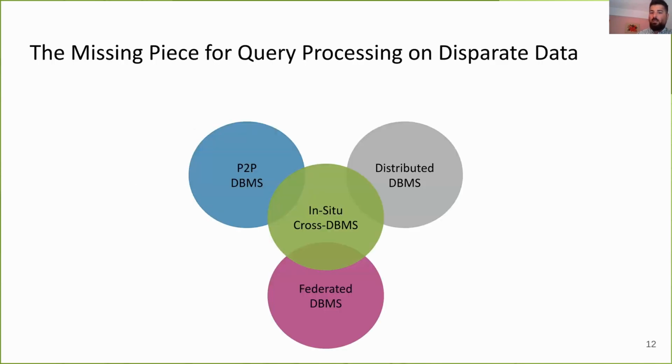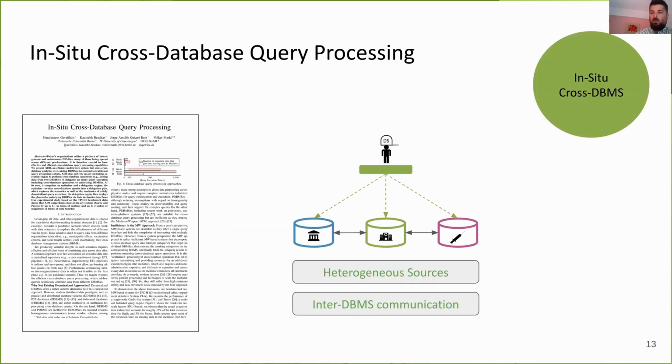This is why we propose in situ cross-database query processing and XDB, our system, which I'm going to introduce to you now. You can read about XDB in the ICDE 2023 paper, and XDB is a system that supports heterogeneous sources and inter-DBMS communication, this way improving runtime performance and decreasing the data movement.